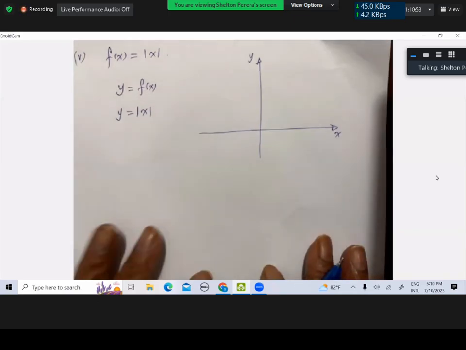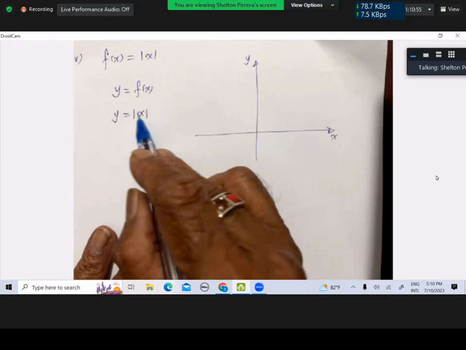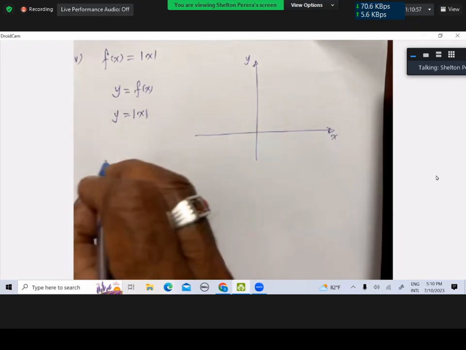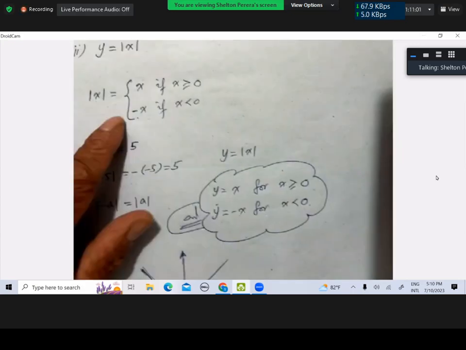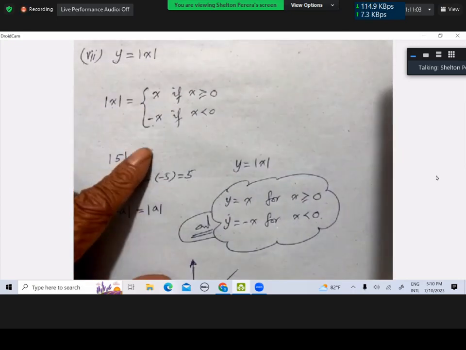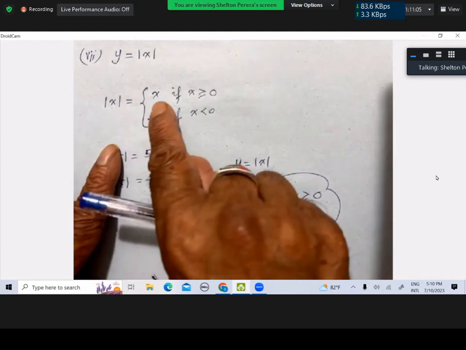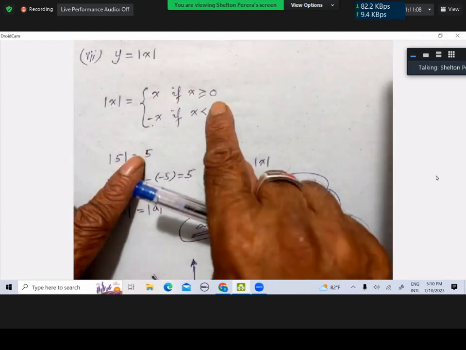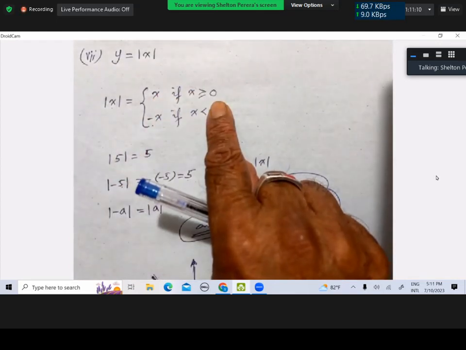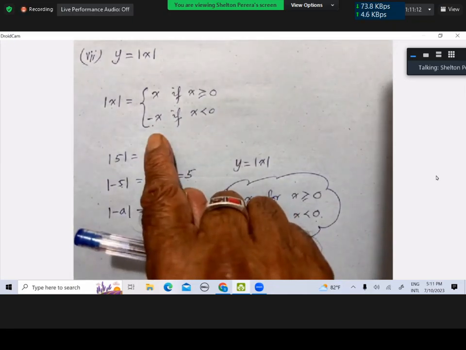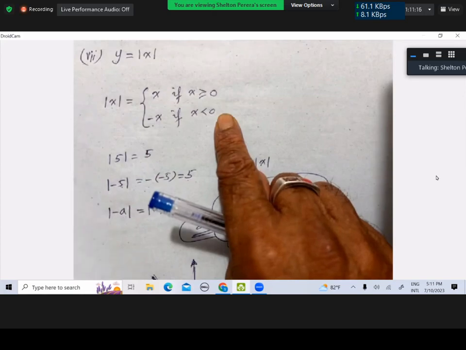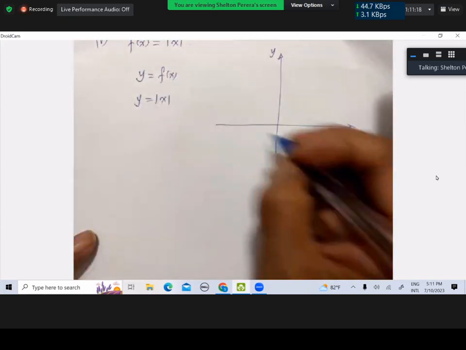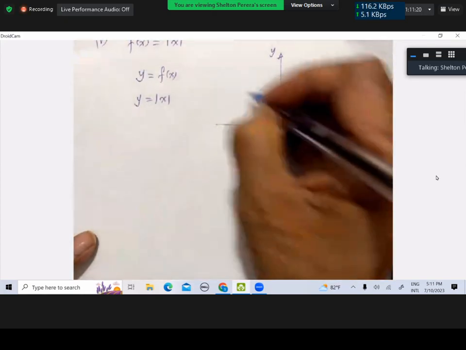Okay. How do I draw the graph of y equals absolute value of x? Remember, we said the definition of absolute value of x. You have done this, no? Absolute value of x is x if x greater than or equal to 0, negative x if x less than 0. So we know we have drawn the shape.